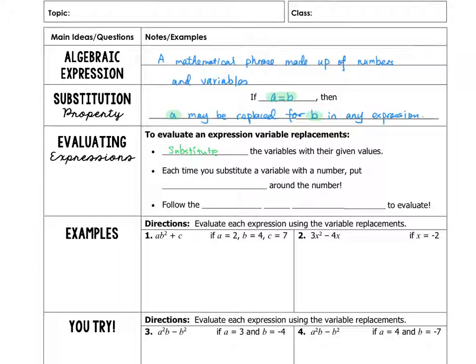And then each time you substitute a variable with a number, you put parentheses around the number as bodyguards to protect it. And then you follow the order of operations. Okay, it's really that simple. It's not that hard at all. You've done it a million times before.